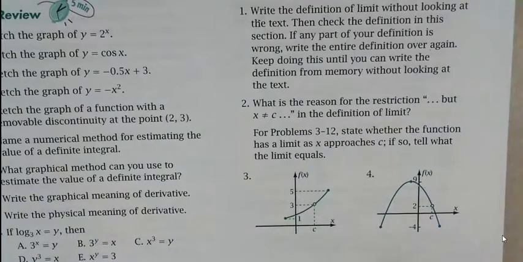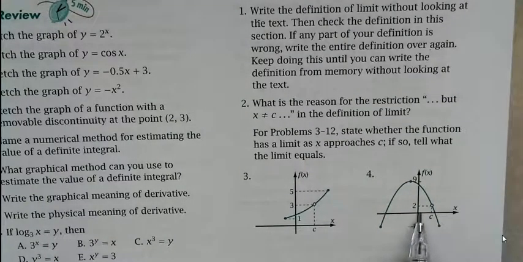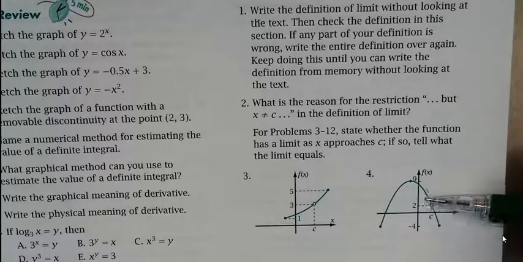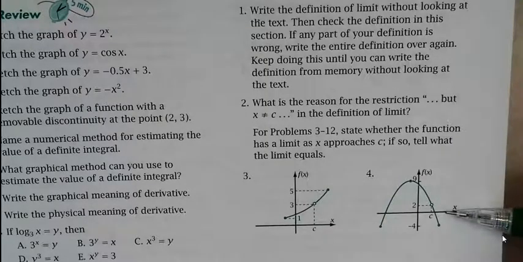So as x approaches c from the left and from the right, what is my y value approaching? As I come at it from the left, I'm up here somewhere, so I'm coming down on my limit. As I come at c from the right, I'm down here somewhere, which means I'm coming towards the limit from the bottom.